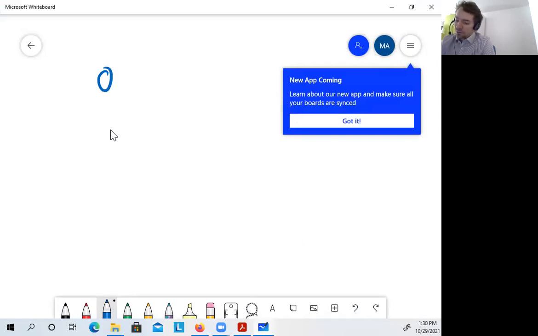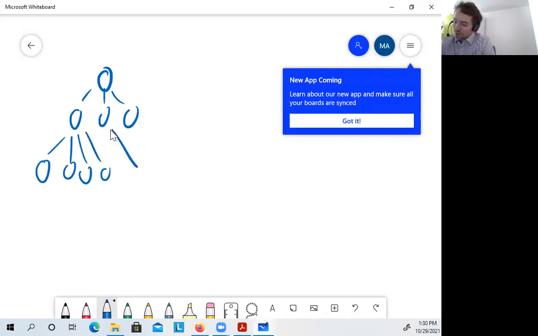You have a root, and then you get a lot of children. And then what you do is you count the number of nodes you've expanded. So here this would be 3, and this 1, 2, 3, 4, 5, 6. This would be 6. So in total 9 nodes.